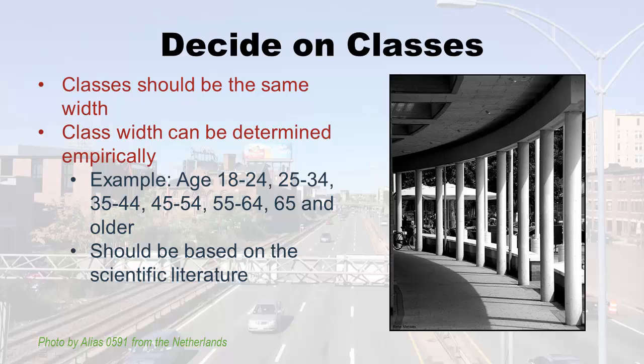And already you're probably noticing, well, 18 to 24, and 65 and older, those classes aren't really equal to the ones in the middle, right? Like, what's the upper class limit for 65 and older? Well, that's just normally what happens in the world and especially in healthcare. And in healthcare, when you pick classes, even though the classes are technically supposed to be the same width, you really should be guided by the scientific literature.